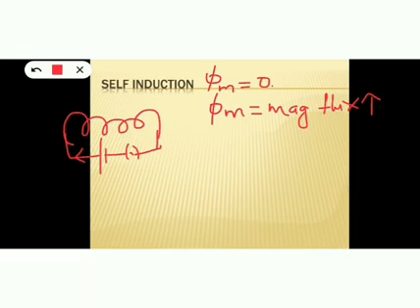This type of induction is known as self-induction. The phenomenon of inducing current in a coil due to the change in magnetic flux associated with the same coil is known as self-induction.